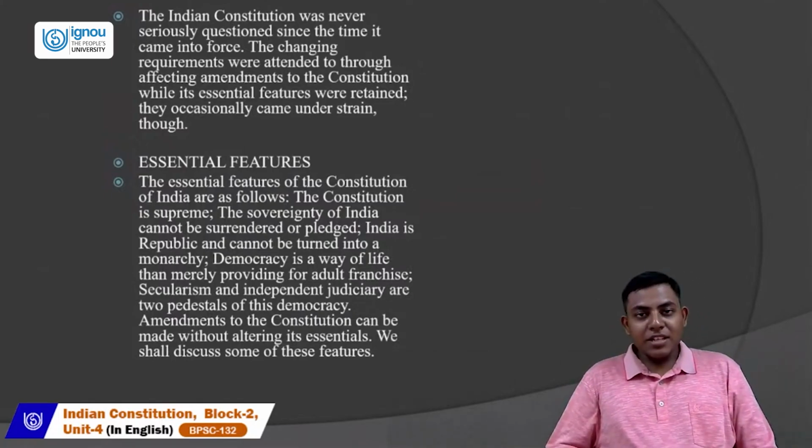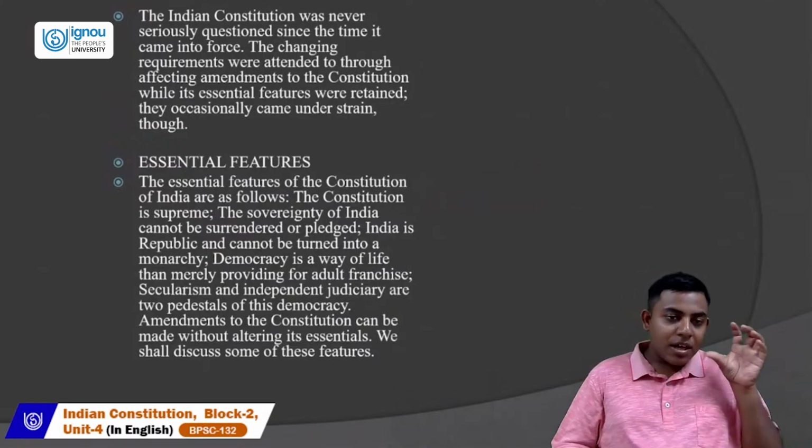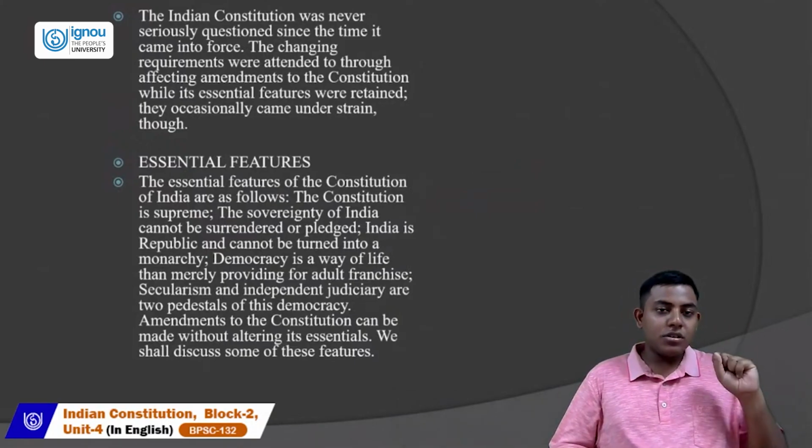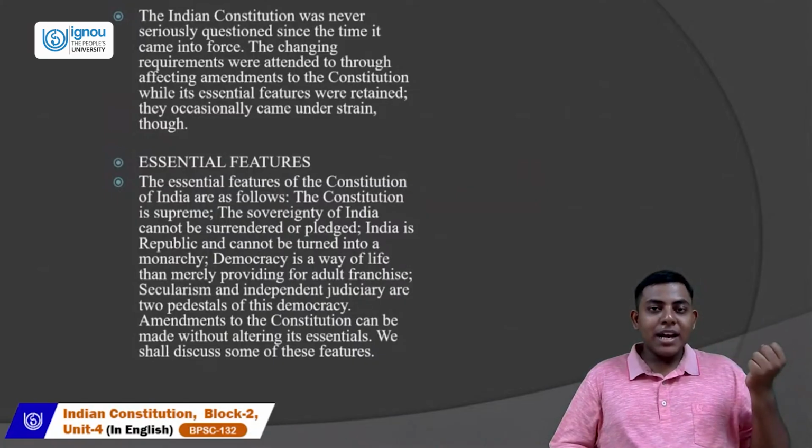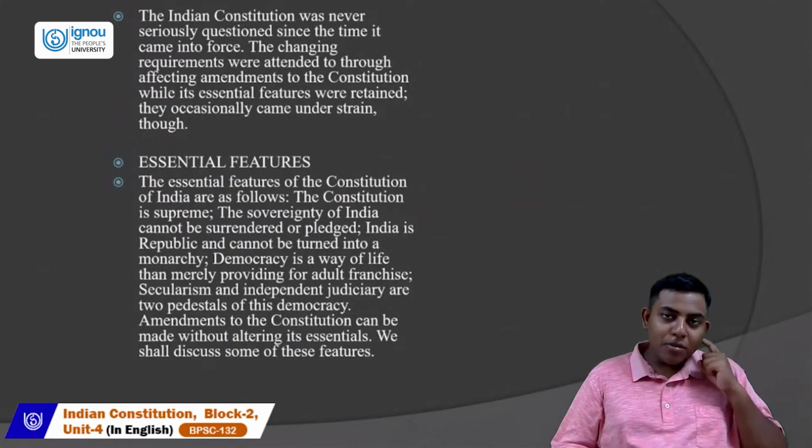That is why we see that the 9th schedule was inserted in the constitution through the First Amendment Act, which included certain anti-zamindari laws, certain land reform laws, especially from Uttar Pradesh.